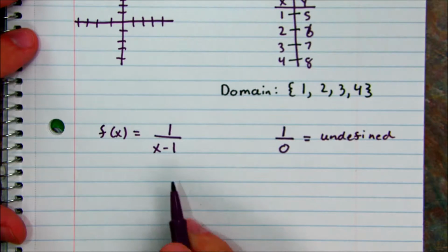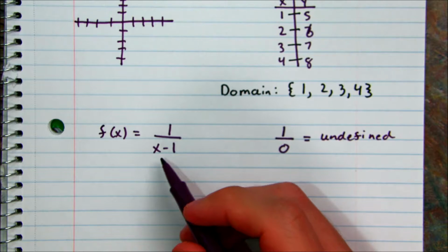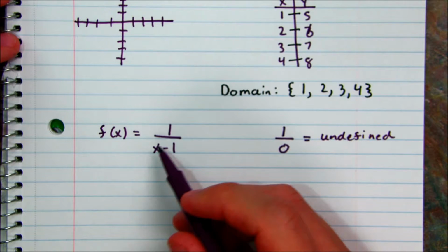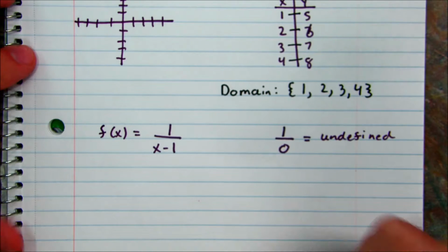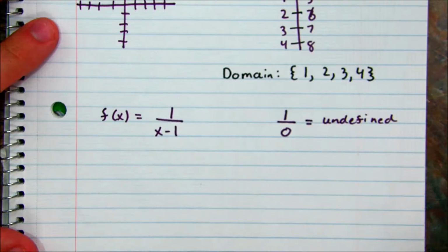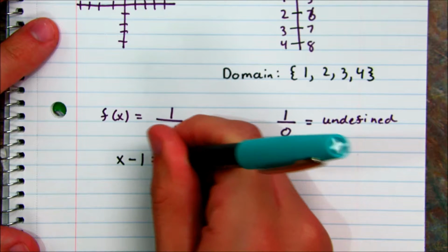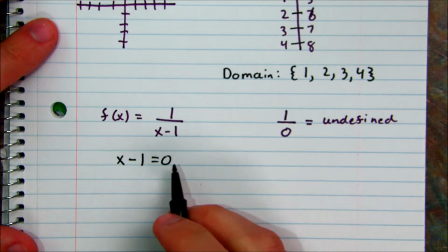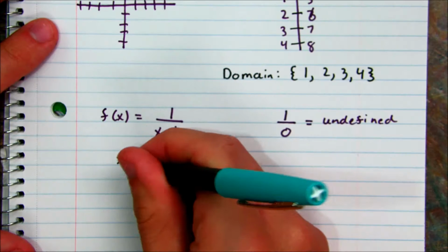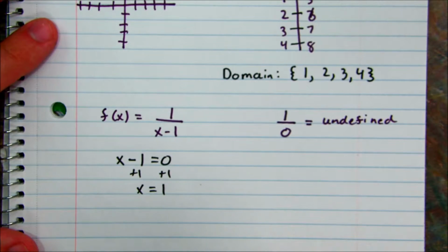So when we're working with a continuous function like this, we're looking to see what x value would make this 0 in the denominator. When I have a variable in the denominator, what I'm going to do is take my denominator and set it equal to 0. By solving this equation, I can determine what value I cannot plug in.